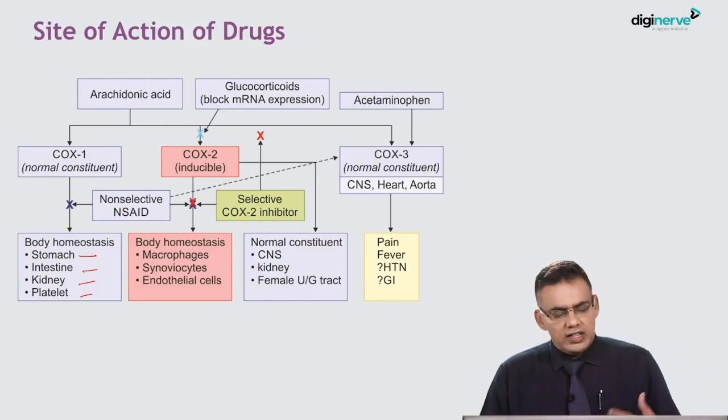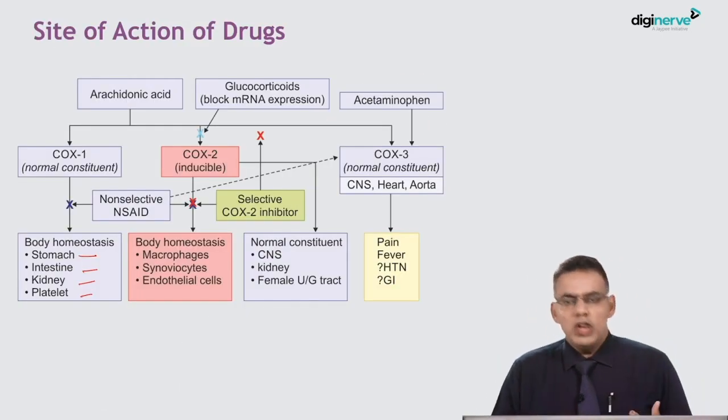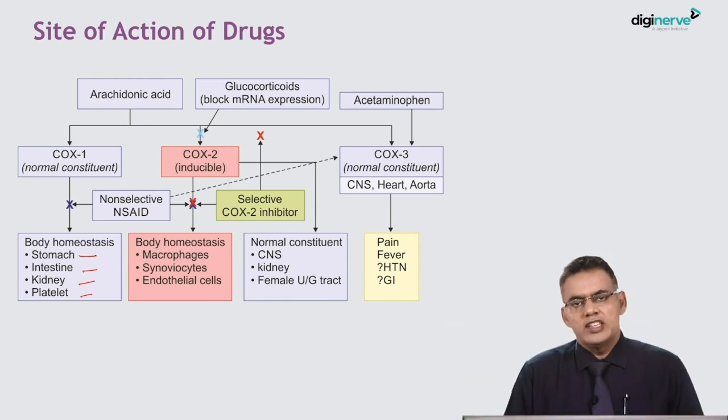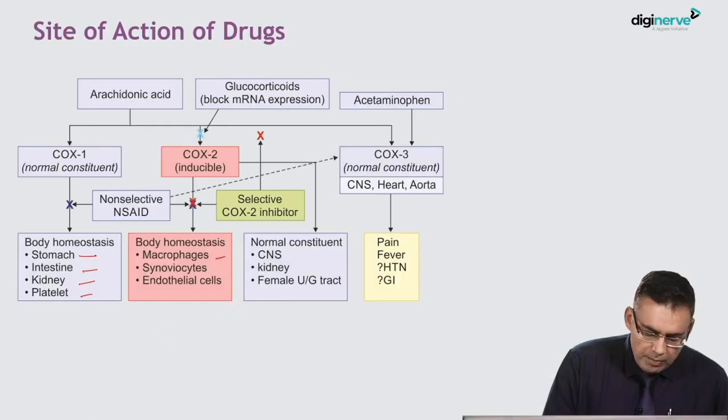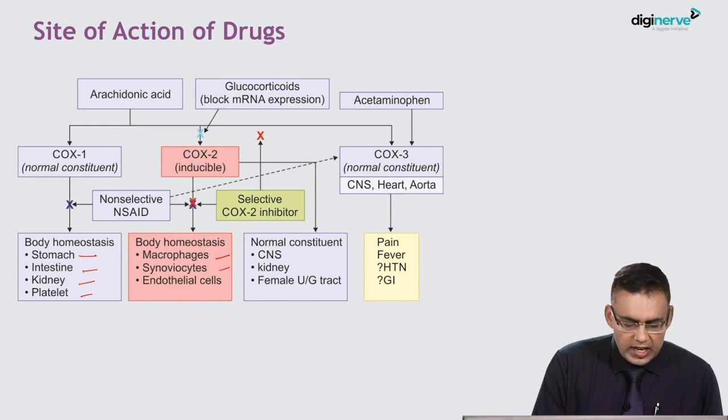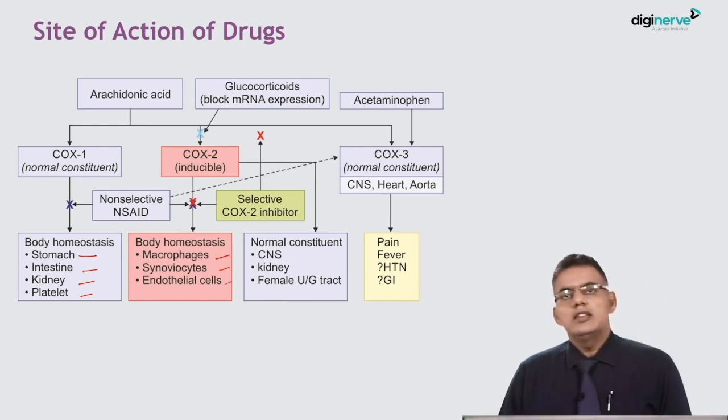Cyclooxygenase 2 is inducible, meaning thereby whenever there is exposure or stimulation, the expression of cyclooxygenase increases many folds. It is expressed through macrophages, synoviocytes and endothelial cells.